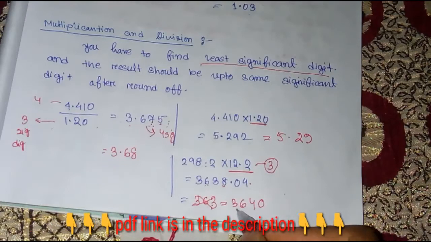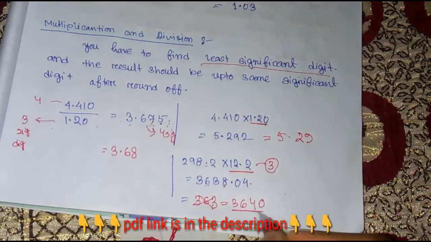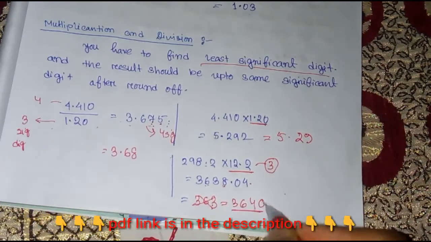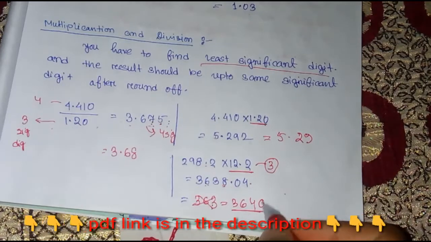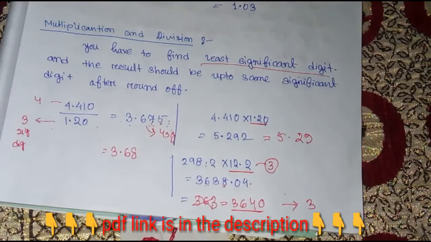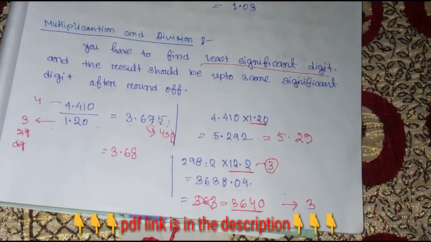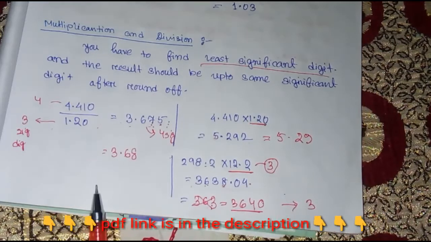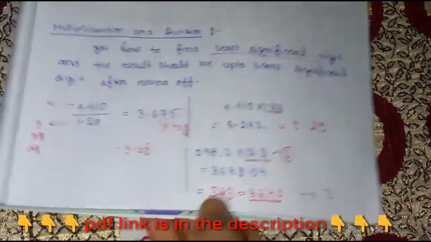Now you can see that this number has 3 significant values, because there is no decimal point, so trailing zeros are not significant. So the answer is almost near to that number, right? So we have to write like this.